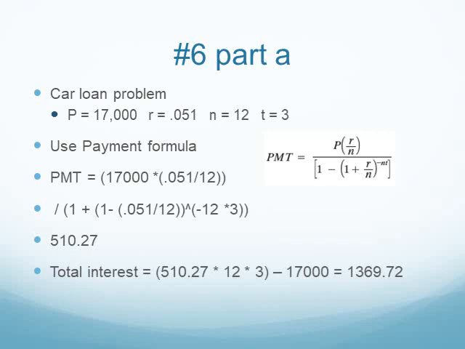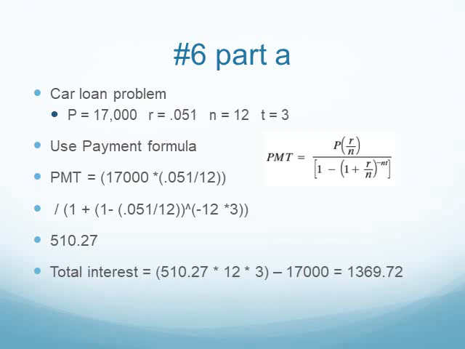So then I went ahead and started here at the 3rd dot, the payment formula. Typically what I do is I do 17,000 times parentheses 0.051 divided by 12, close my parentheses, and hit enter, or equals. That's what I do. Then I type the division sign, so now your calculator screen should read ANS division sign, okay?